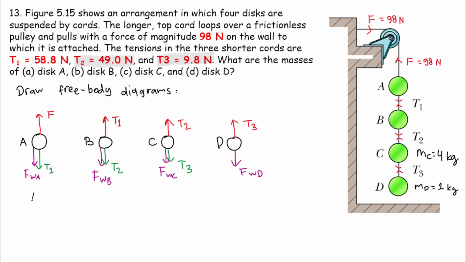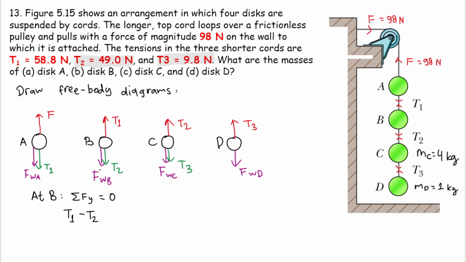Okay, now let's do it at B here. We will have the sum of the force in the y direction, because we don't have any force in the x direction here, equal to 0. Why? Because it is stationary, it's not moving, so the acceleration will be 0. T1 here is pulling this up, so I will have T1, and then minus T2 here.